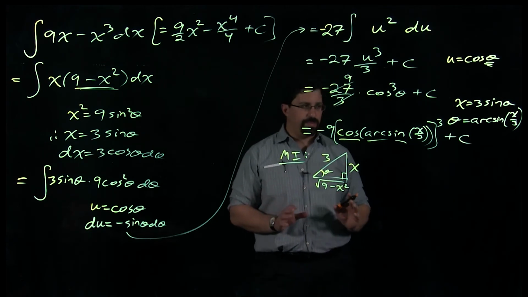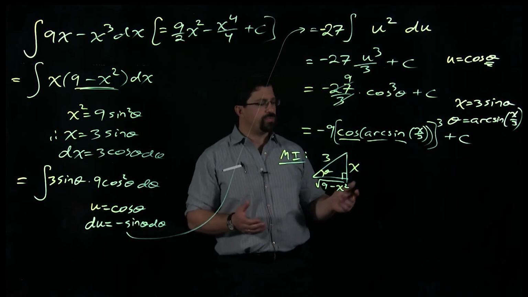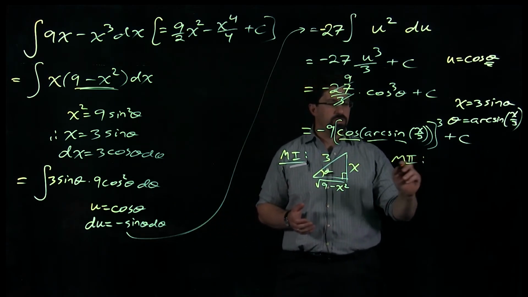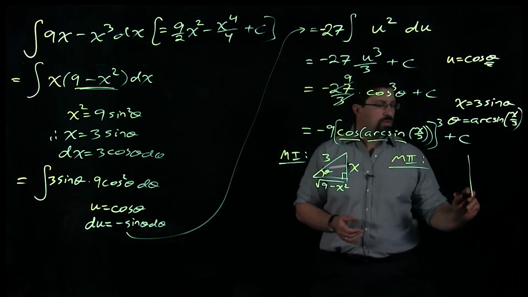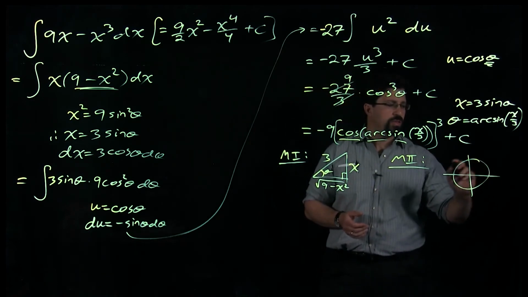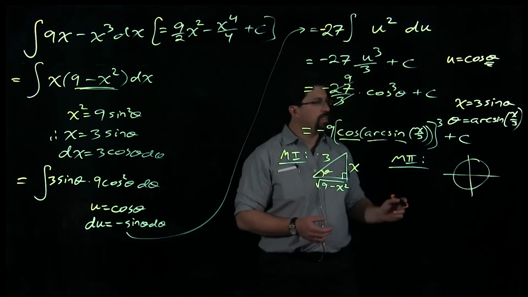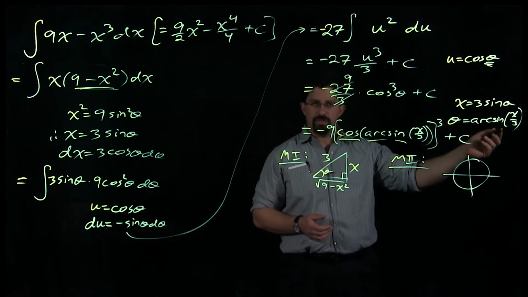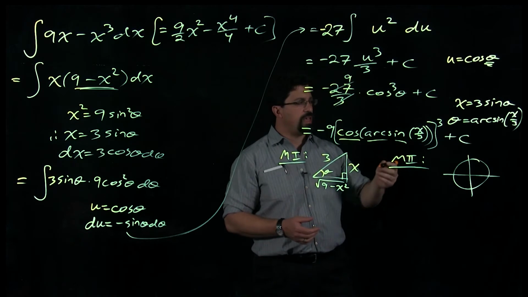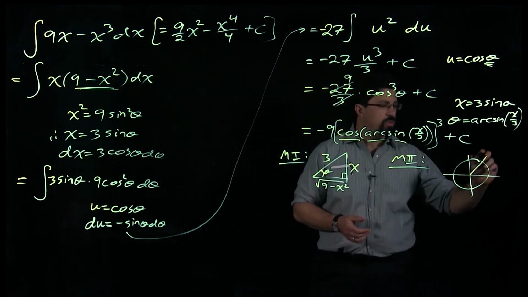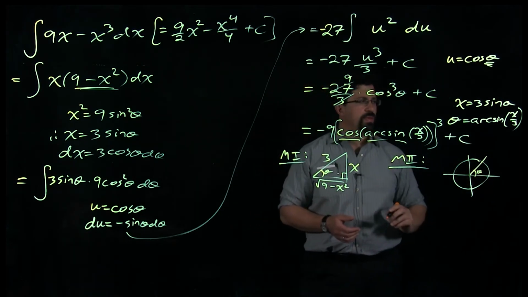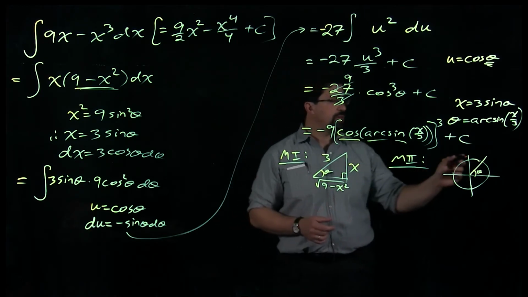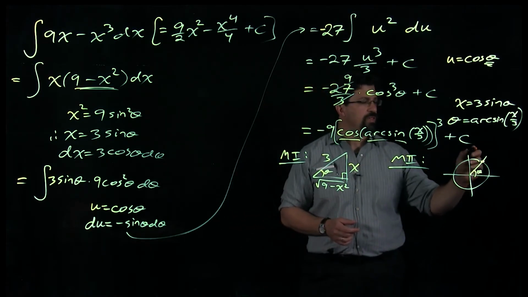Pretty straightforward. On the other hand, if I wanted to use the unit circle, what I would do is draw this over here. And if I have theta equal to arcsine of x over 3, so theta is the angle, wherever it might be, which has a value of sine equal to x over 3, I can just put it right over here.